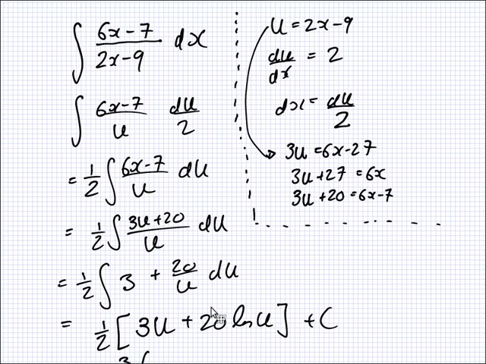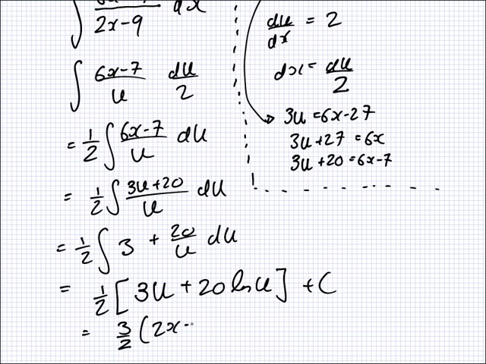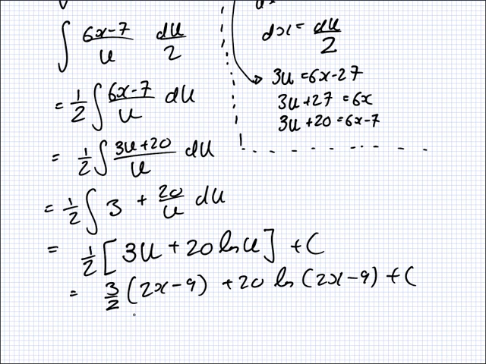And what's the u, did we say? 2x minus 9 plus 20 log 2x minus 9 plus c. Remove the constants. If you like, you can change this into 3 over 2 times 2, 3x plus 20 log 2x minus 9 plus c. The c can absorb the 27 over 2.